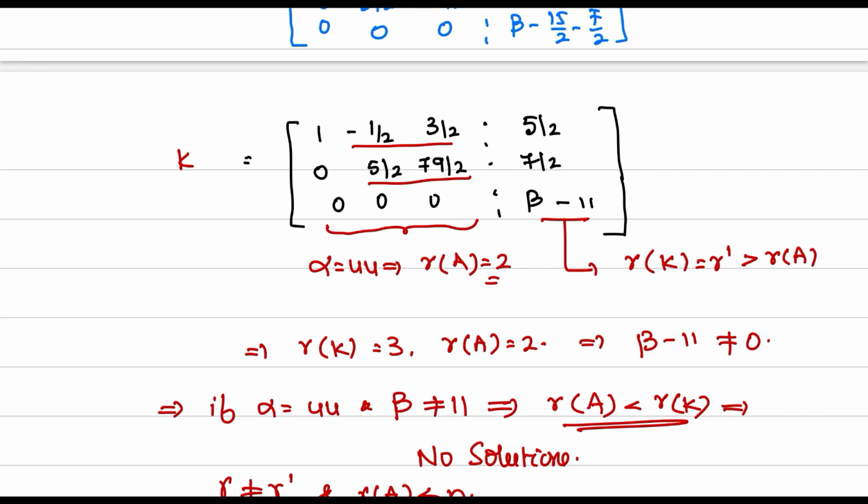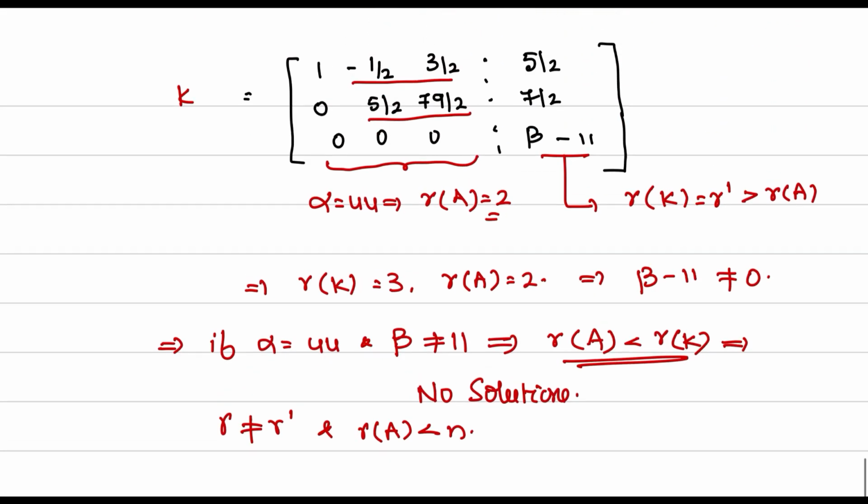This is the conclusion we have got. R is not equal to R dash, hence RA is not equal to RK. That implies no solution. This is the second condition we have got.